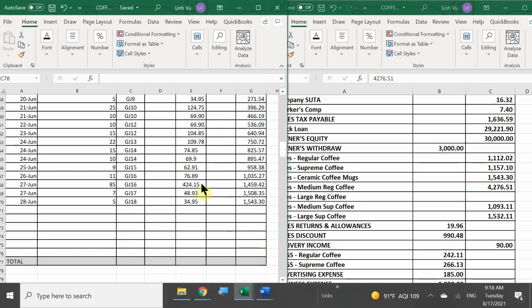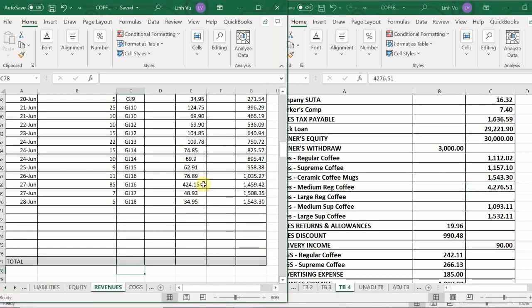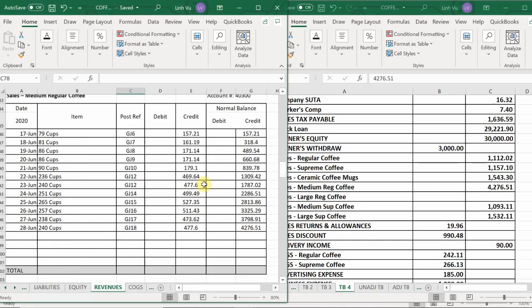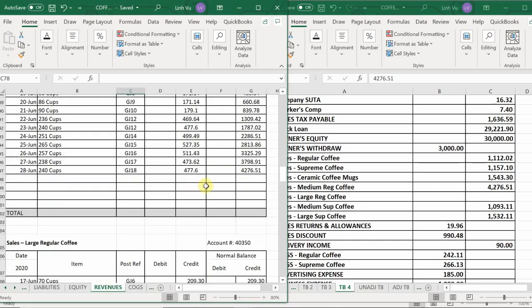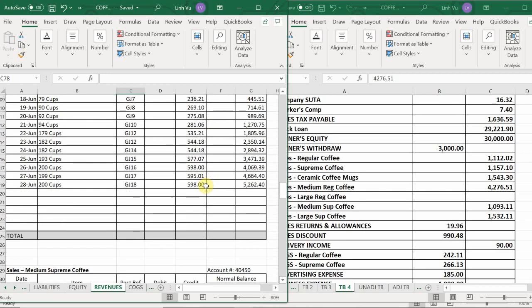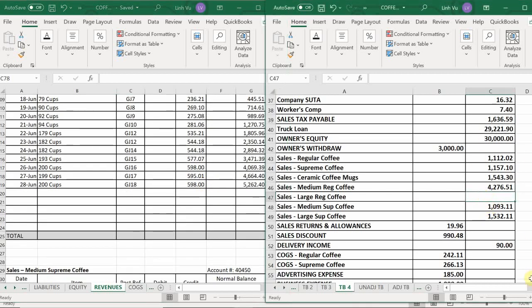Medium regular coffee is 4276.51. Okay. Large regular coffee, $5262.40.